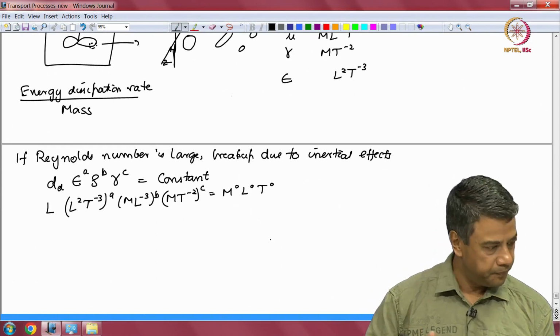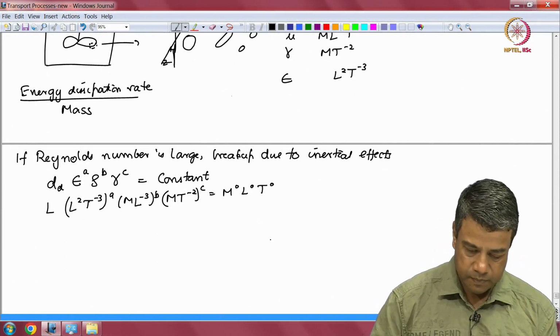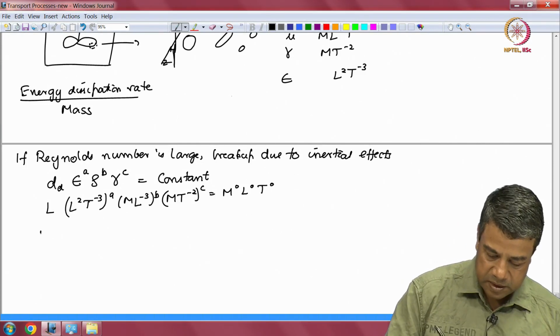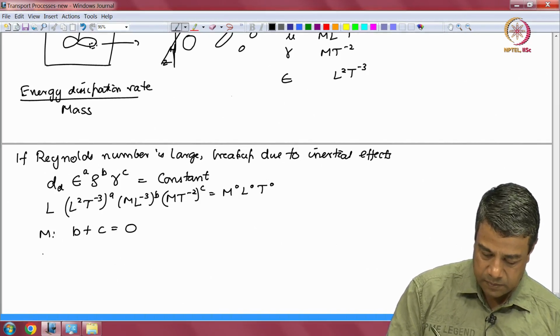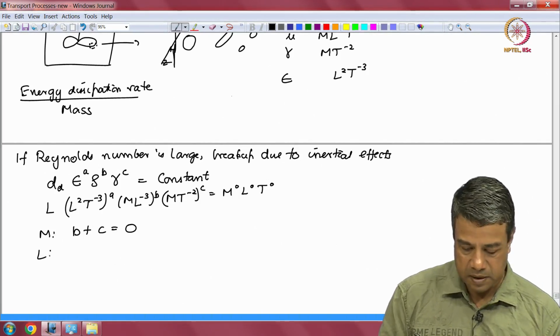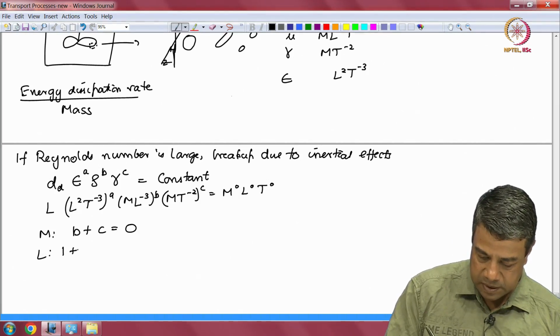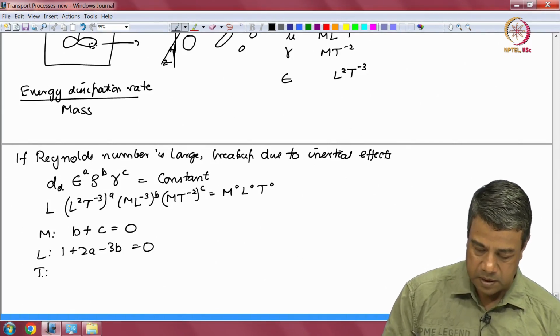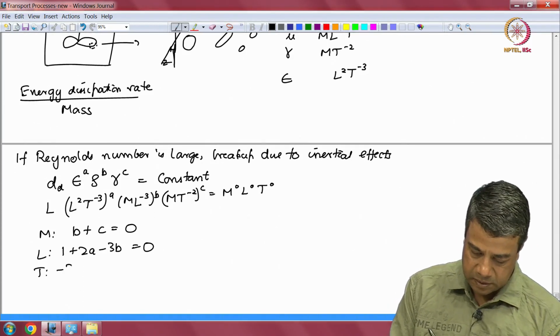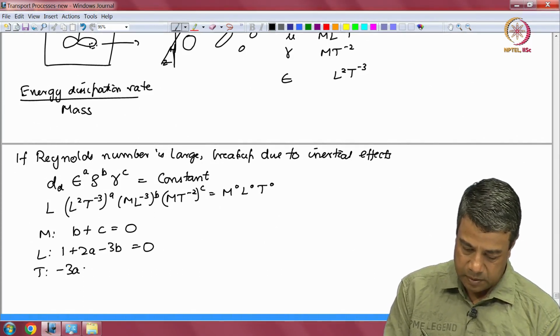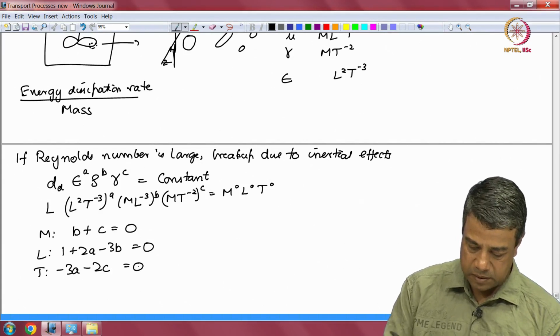So, therefore, for the mass dimension I have B plus C equal to 0. For the length dimension I have 1 plus 2A minus 3B is equal to 0, and for the time dimension I have minus 3A minus 2C equal to 0.